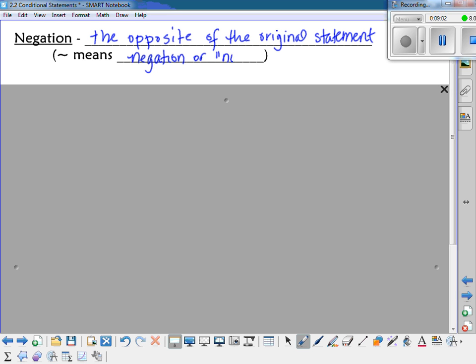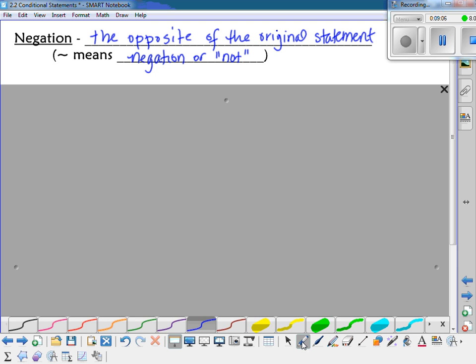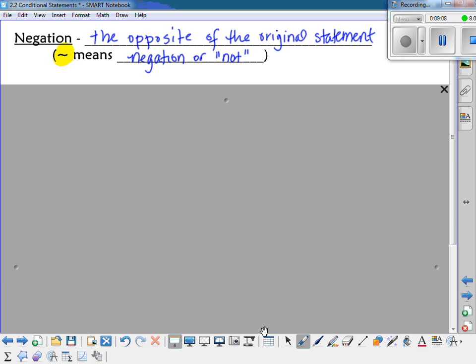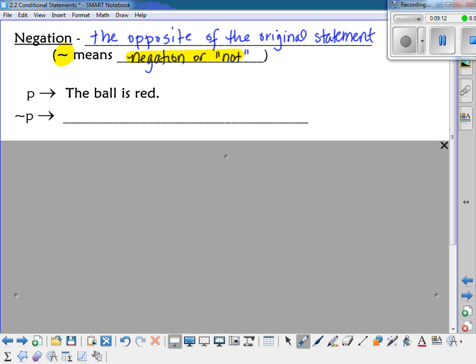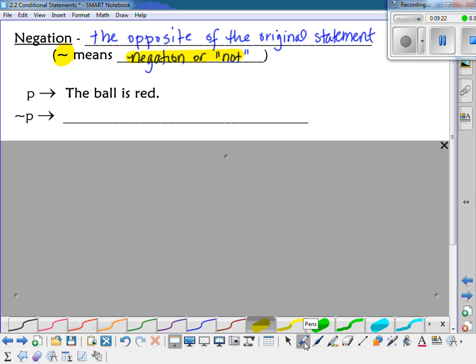Or not. All right, so for example, if I have a statement, the ball is red, okay, statement P, the ball is red, not P would be the opposite. The opposite of the ball being red is the ball is not red.